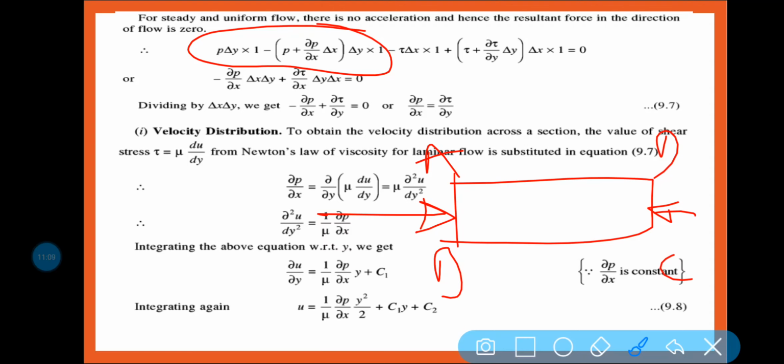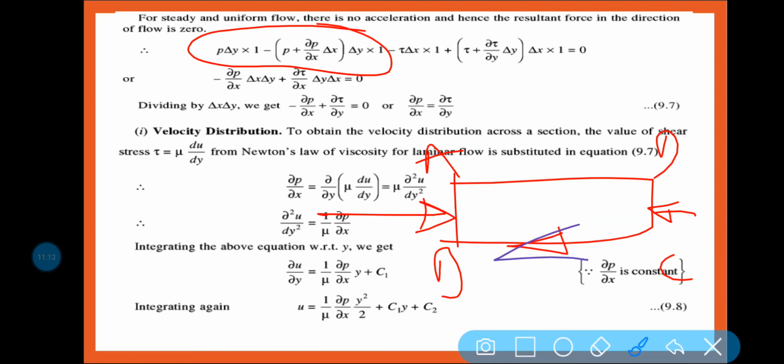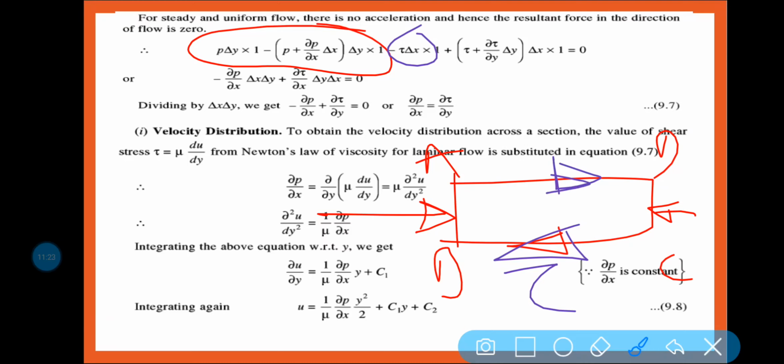Now on the bottom face there will be a negative direction shear stress, so minus tau into delta x into 1, plus, on the top face it is acting rightward, tau plus delta tau by delta y into delta y into dx into 1, is equal to 0. So this is the equation. I hope it is clear.